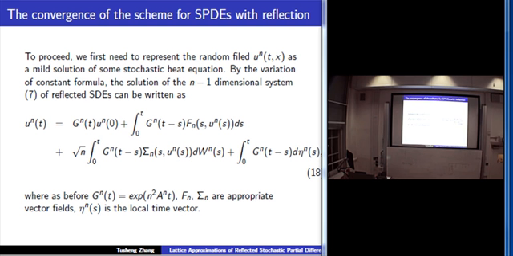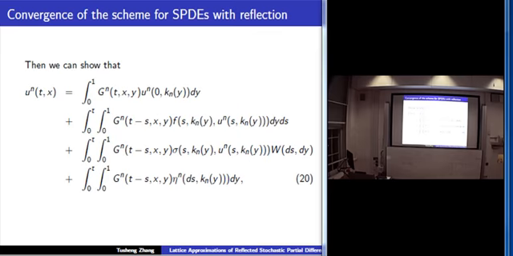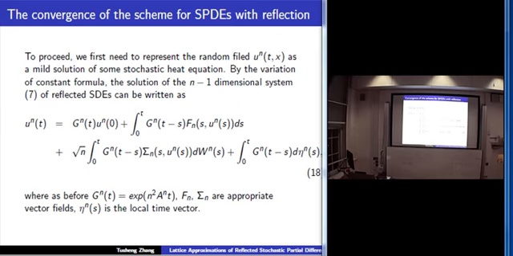Okay. So if I introduce eta n, this random field, then I can rewrite my approximating solution, approximating random field, in this way. Gn is a kind of discrete heat current. So now eta is here.